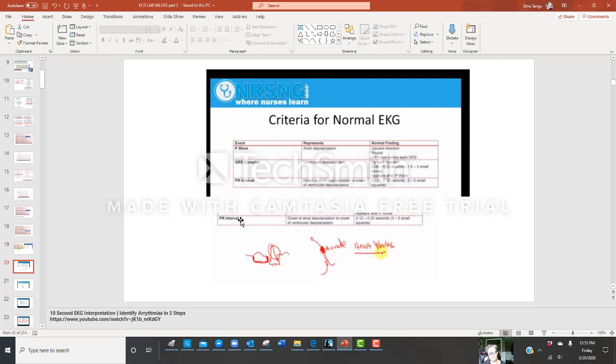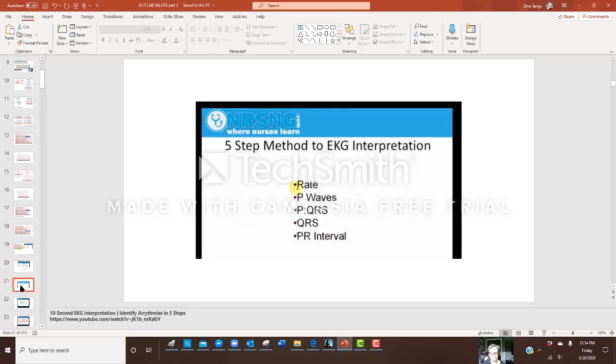Watch the video again, but anyway, I'm just kind of trying to summarize it. If the PR interval is longer than 3 to 5 small boxes, then we're talking about heart blocks. So that was a take-home from that slide.